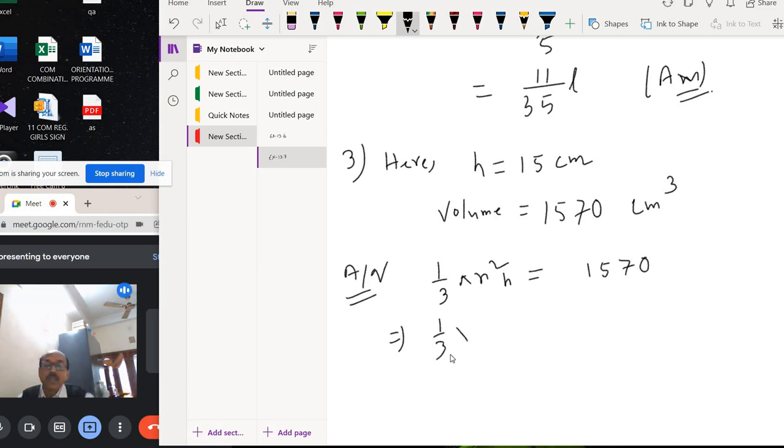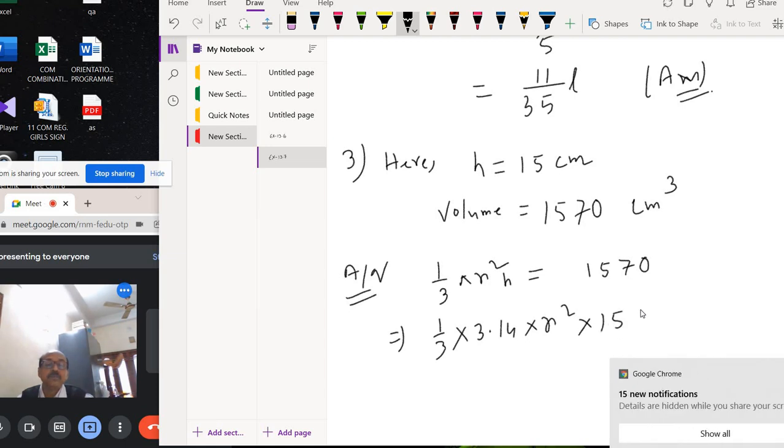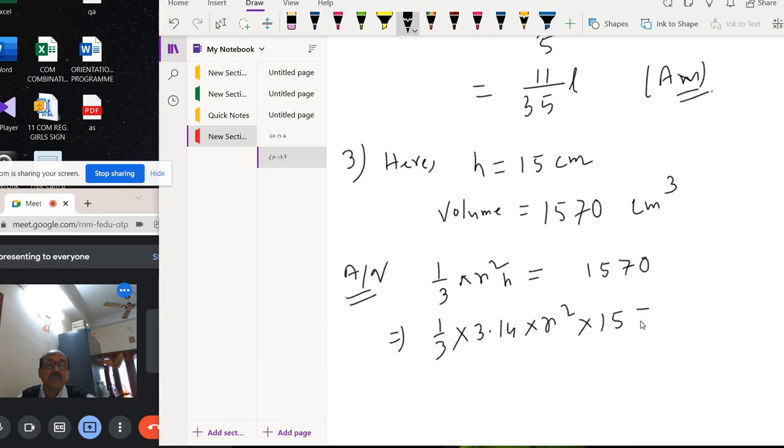Now 1 by 3 into pi, which is given as 3.14. Radius is not given, so r square, and height is given as 15. Equal to 1570. 3 and 15: 3 5s are 15.